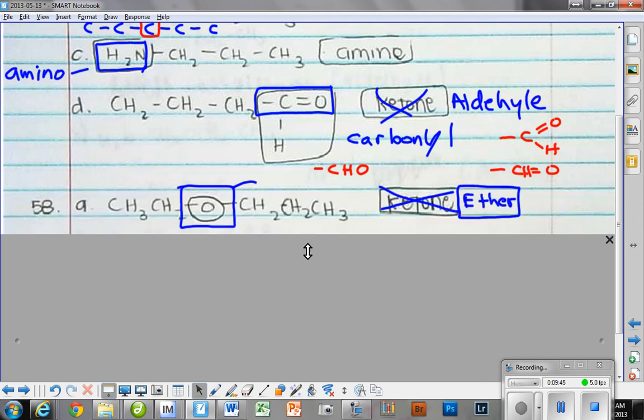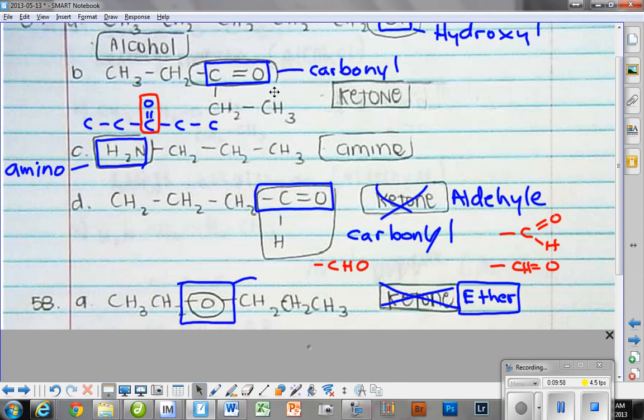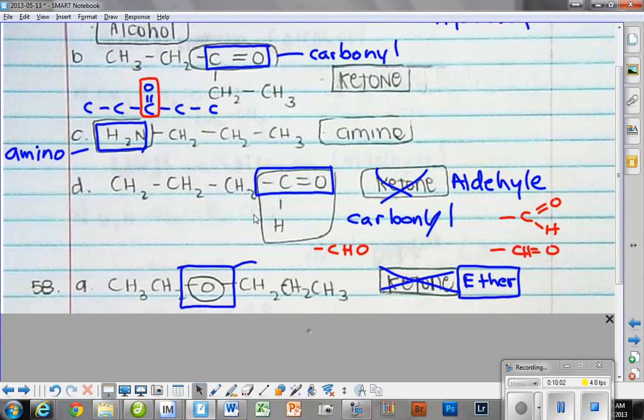Okay? Here we go. Now look at that oxygen. It's very different, folks. Can anybody tell me the differences between this oxygen and the oxygen that we saw in here? This guy was in the middle of the chain, and this guy's in the middle of a chain. What's the big difference?